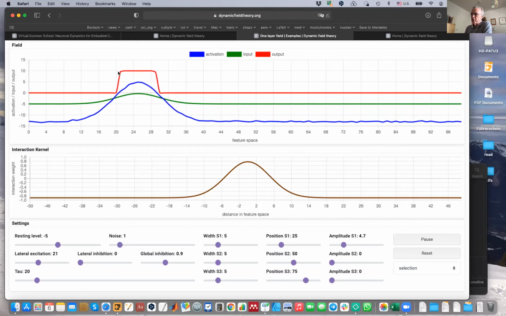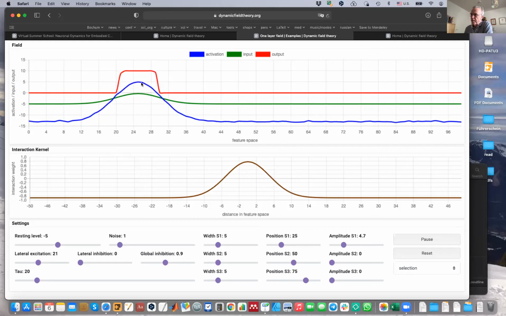The self-excitation, you see the red curve, which is plotted on a different scale. The red actually goes from 0 to 1, and we're plotting it 10 times larger to just make it more visible. So that really explains why there can be more activation than input, because the peak is pulling itself up by its own hair, in the metaphor that some Germans might know from the fairy tale of Munchausen pulling himself up by his hair.